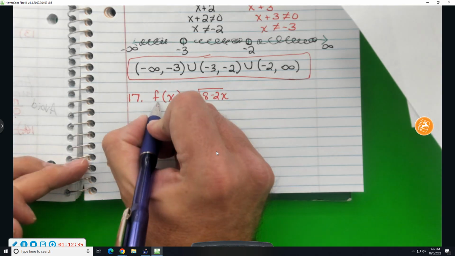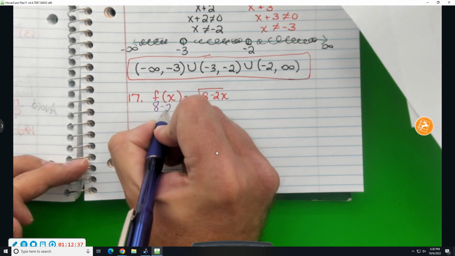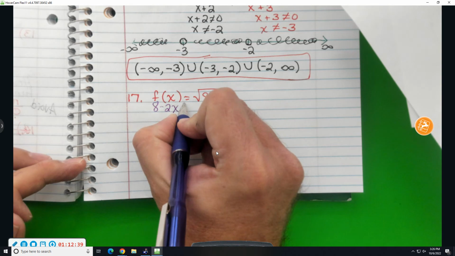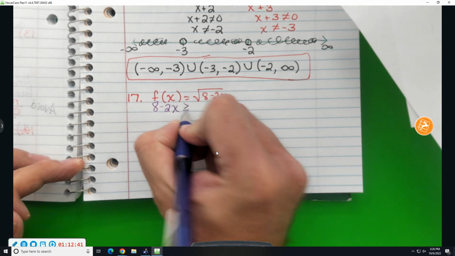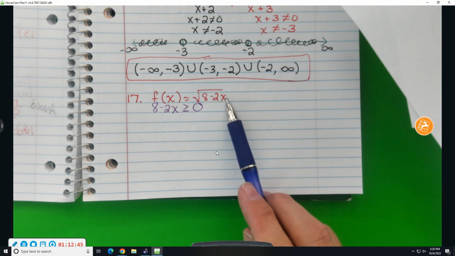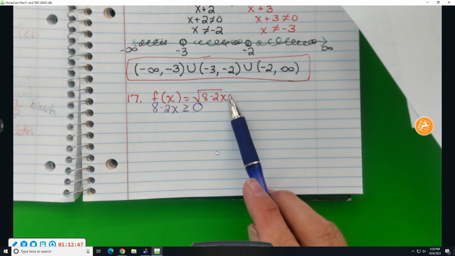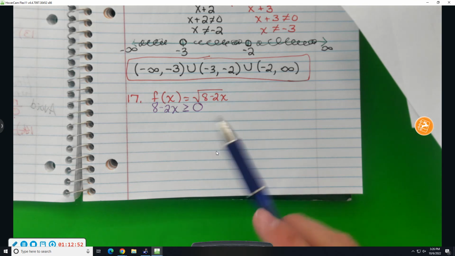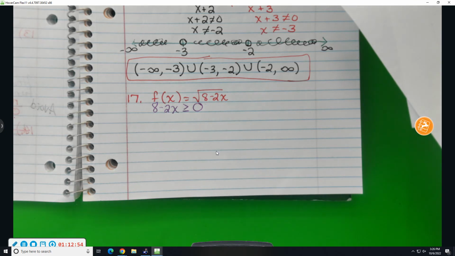So whatever's under the square root must be greater than or equal to 0. It's okay to have a 0 under that square root symbol. If you punch in square root of 0 on your calculator, it's going to give you 0. You can't have a 0 in the bottom of a fraction.